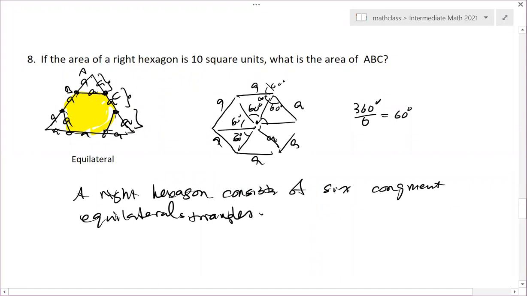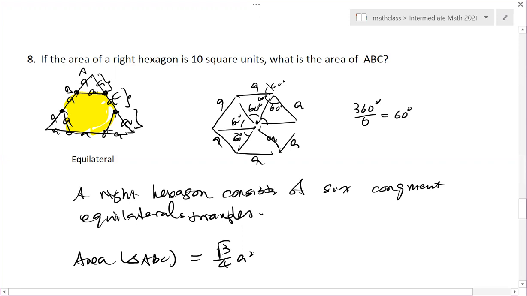So the area of the triangle ABC is just equal to the area of one of the triangles, which is square root 3 over 4 times A squared.